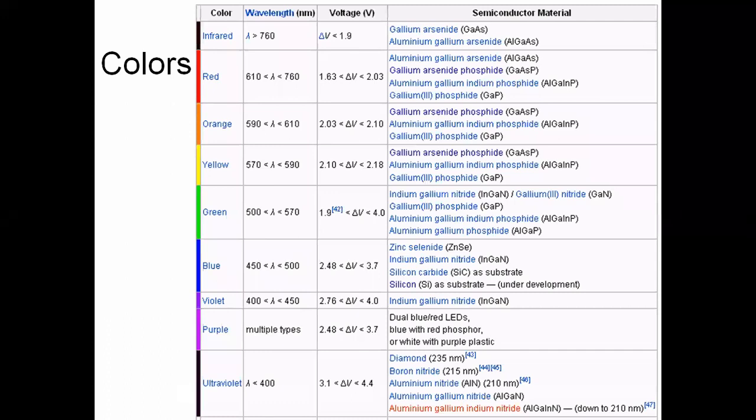The customer requirement is different, and based on that requirement, the shape, the design, and the specification of the LED go on changing.